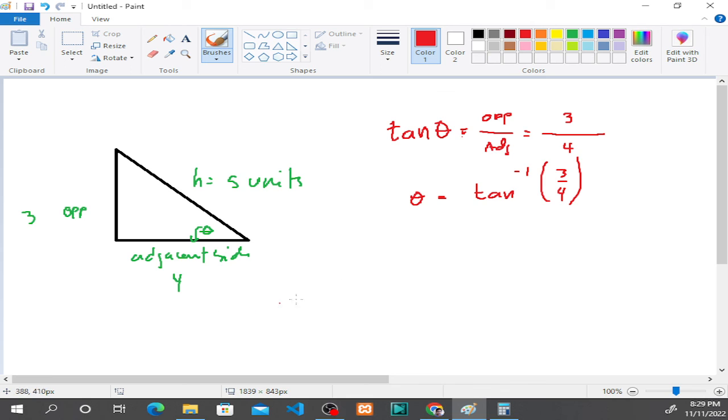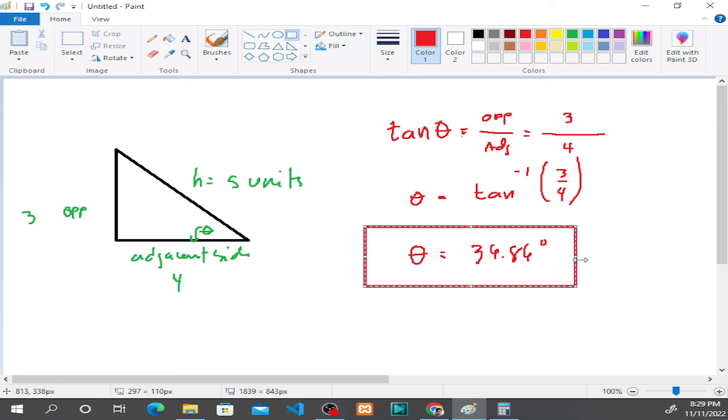The three trigonometric functions yield the same answer, 36.86 degrees. It proves that the trigonometric functions are really helpful in finding the sides and angles of a triangle.